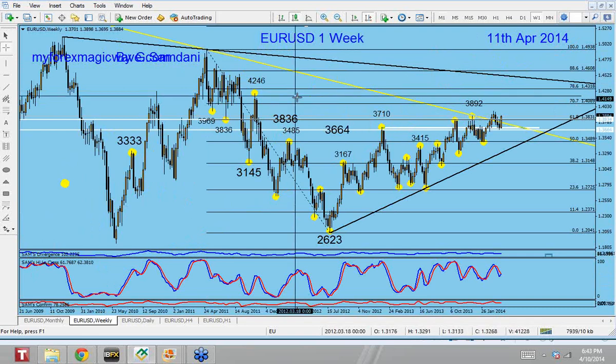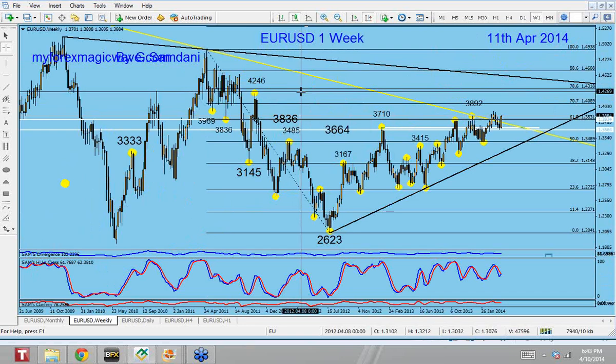Next is 43.18, this 78.6 of this drop. I mean, 78.6 is 43.18. But currently what I see is that we need to break this 39.69, and then it will be very easy for us to go to 42.46.